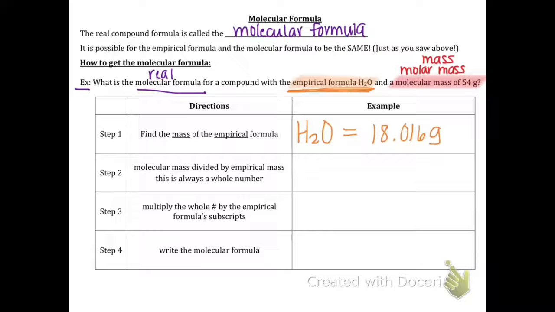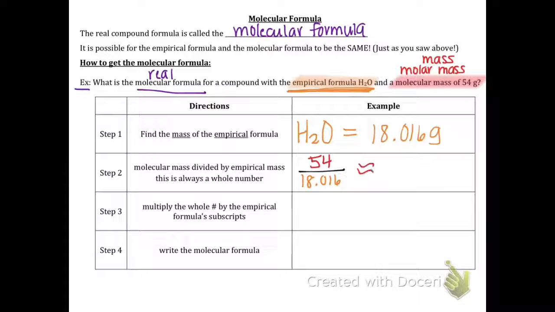So basically we're going to take that number, 54, and we're going to divide it by the number earlier, 18.016. So it should always be a big number divided by a small number. Okay, so when we do this, we get an answer.